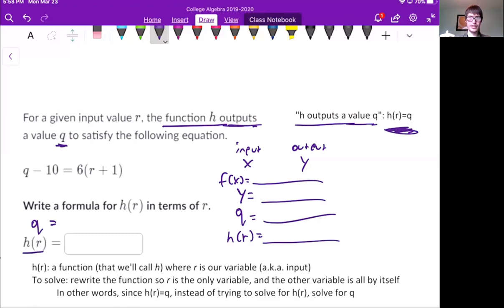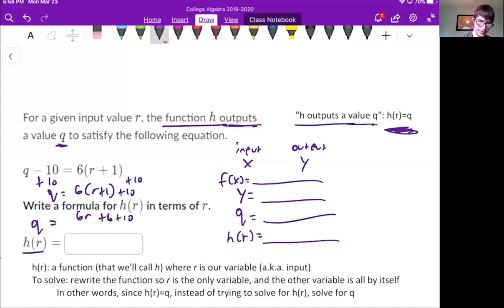And rewrite the function so that r is just a variable. Okay, so q minus 10 equals 6 times r plus 1. We will add 10 to both sides, so we get q equals 6r plus 1 plus 10. That simplifies down: 6 times r is 6r, plus 6 times 1 is 6, plus 10.